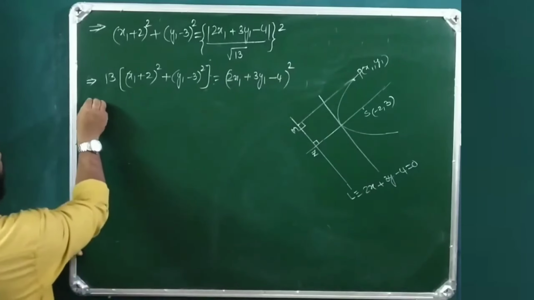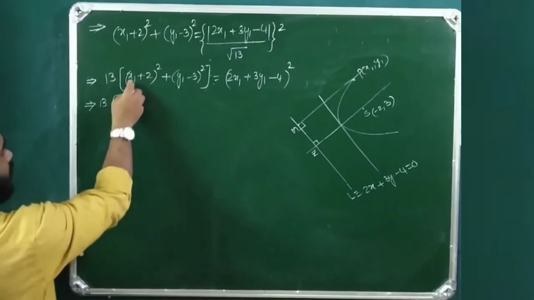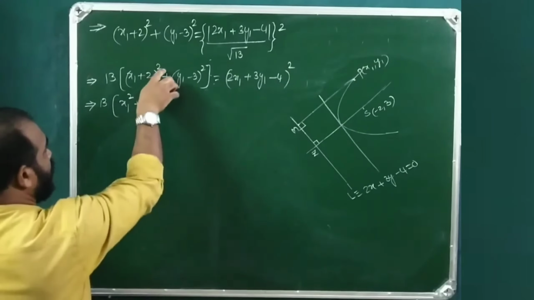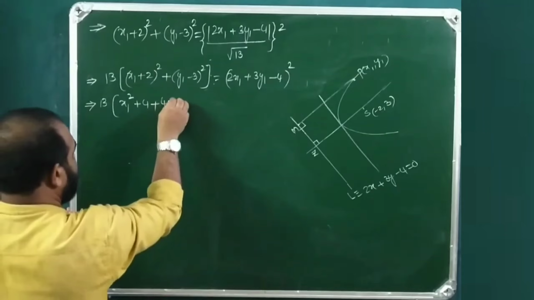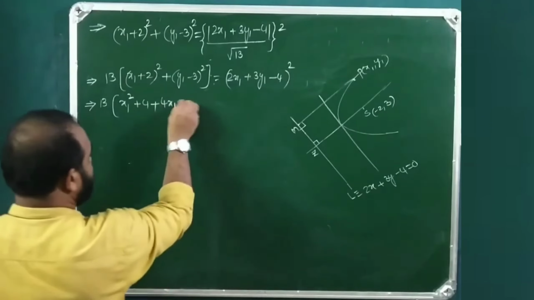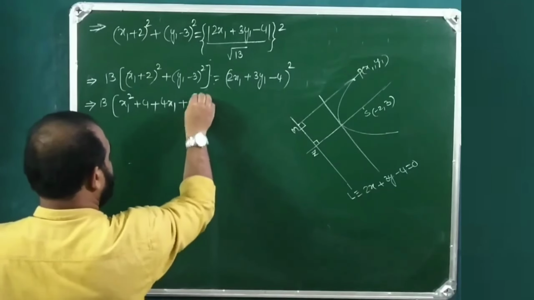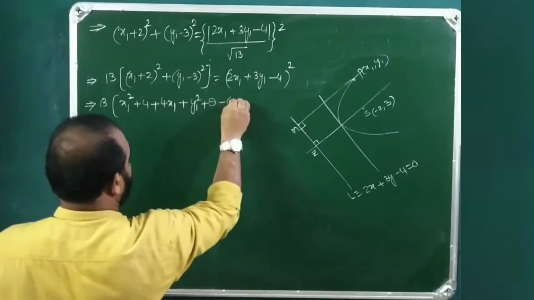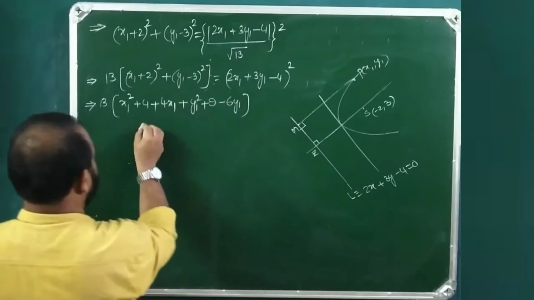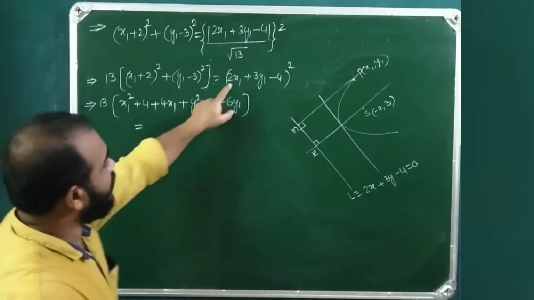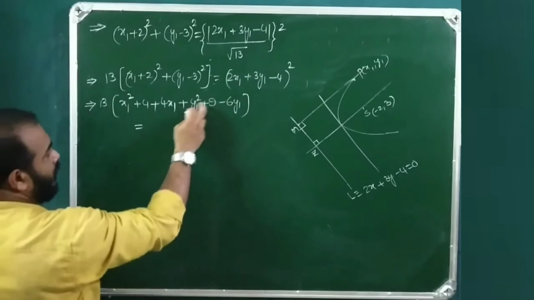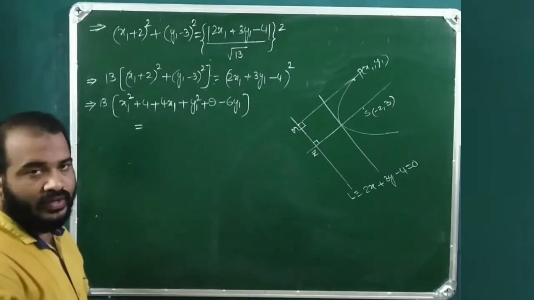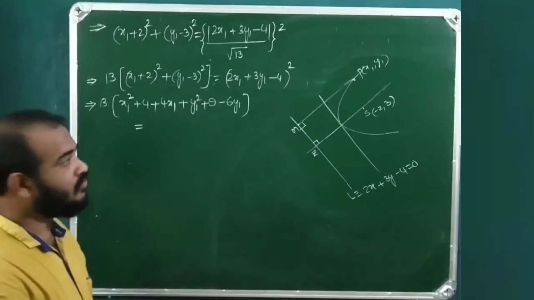Expanding the left side using (a + b) whole square: 13 into x1 square, 2 square 4, plus 2 twos are 4x1, plus y1 square, 3 square 9, minus 2 threes are 6y1. The right side uses (a + b + c) whole square, which is a square plus b square plus c square plus 2ab plus 2bc plus 2ca.